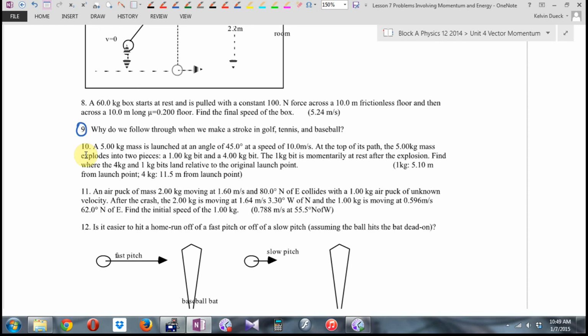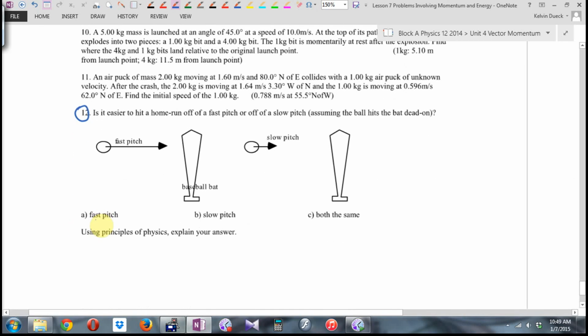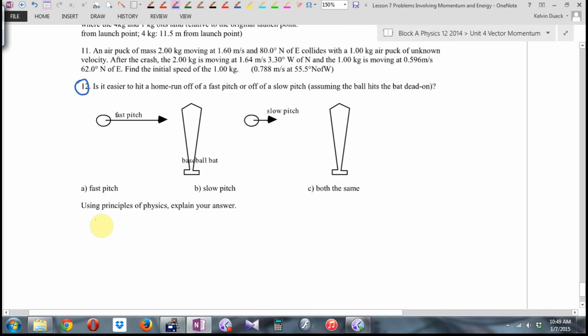No, 3 yucky angles to deal with. It's doable, but it's pretty yucky. Well, 12, though, for baseball players. I haven't taken questions on the angled stuff yet.